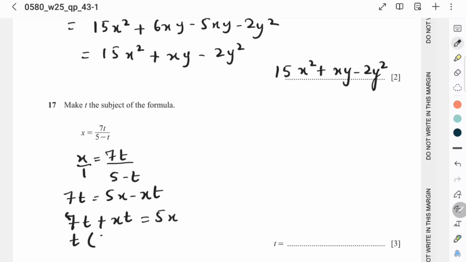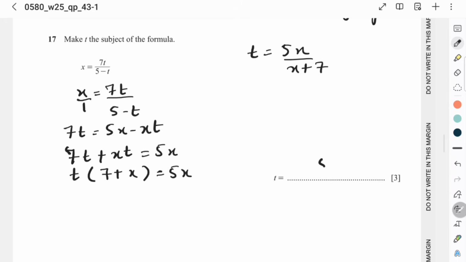Then t common, 7 plus x is equal to 5x, and t is equal to 5x upon x plus 7, or 7 plus x, which means the same thing.